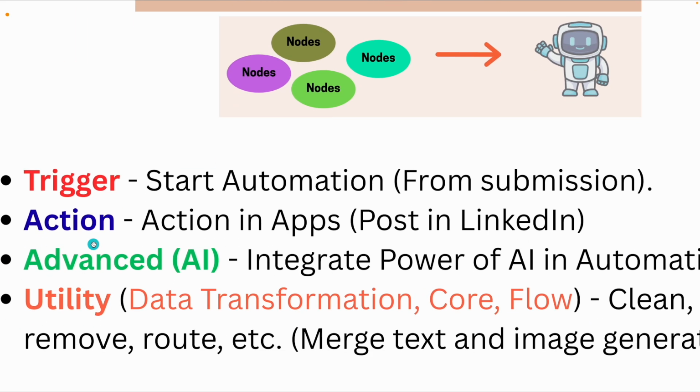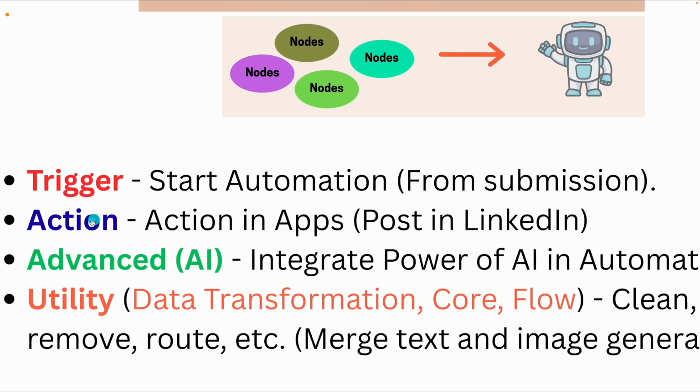And after this we have discussed trigger, action, AI. Then we have something known as utility. Now, utility node you will not actually see by that name, but it is the combination of data transformation, core, and flow. So this one is the data transformation, the second one is the core, and the third one is your flow.